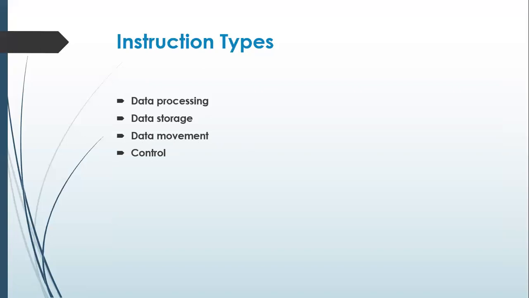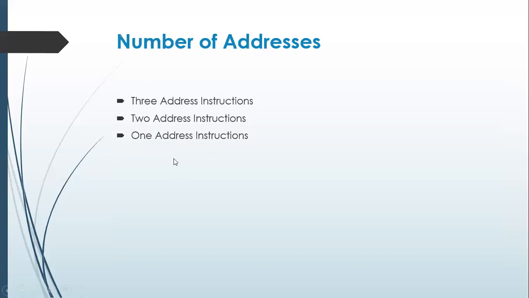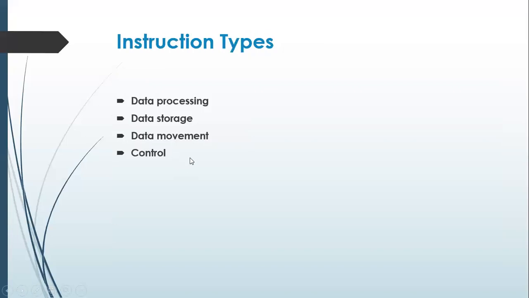Next type is control instructions. Control instructions actually decide the flow of your program, and so these control instructions include conditional instructions. If the condition is true, you have to execute some part of the program. If the condition is false, you have to execute another part of the program.